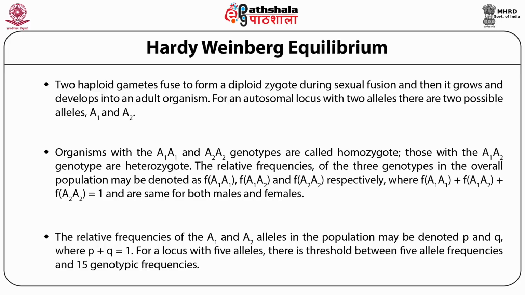For a locus with 5 alleles, there is a threshold between 5 allele frequencies and 15 possible genotypic frequencies. This simplification is particularly useful for a locus with 2 alleles because it allows us to follow change in the frequency of one allele instead of the frequency of 2 or more genotypes.